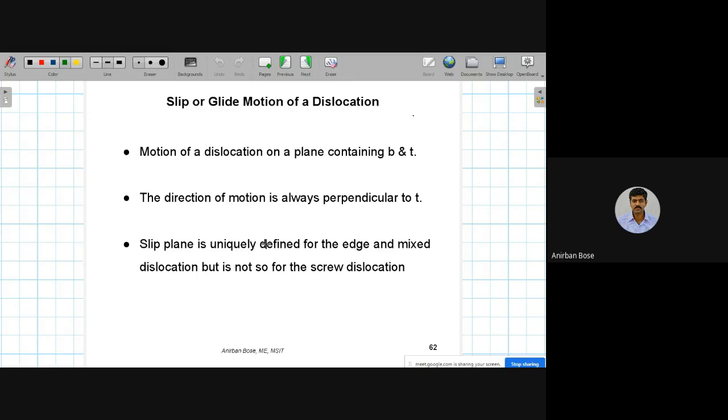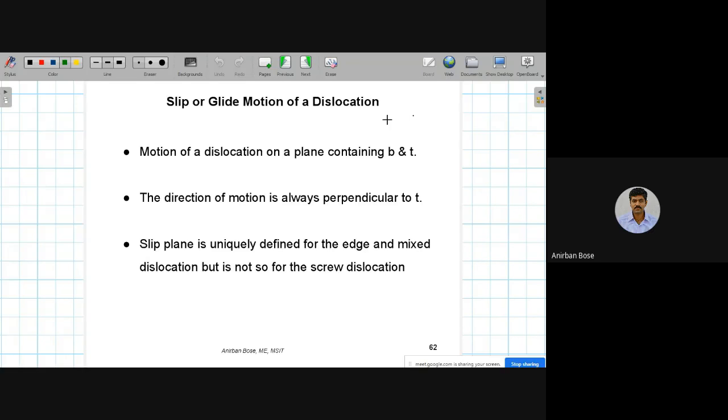It is possible that the dislocation line can move. So the motion of dislocation takes place in the plane containing B and T. Already you know T is the dislocation line vector and B is the Burgers vector.